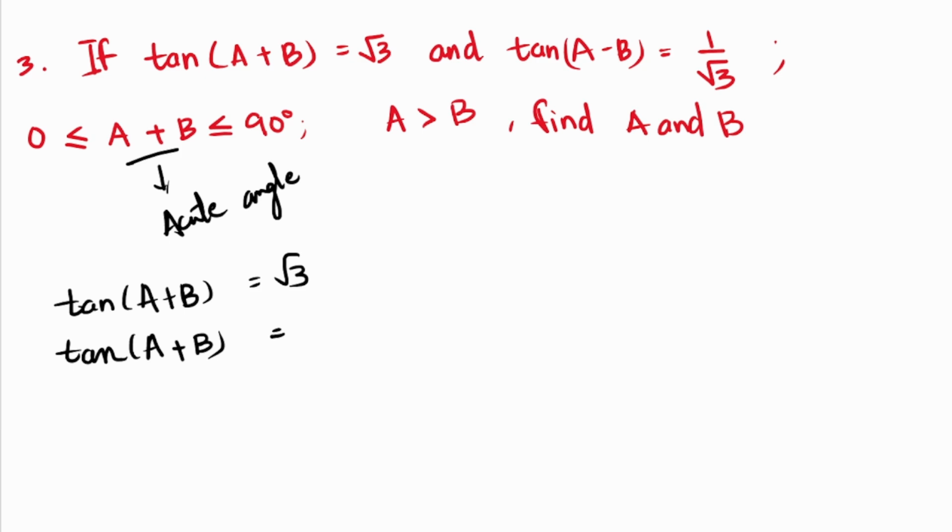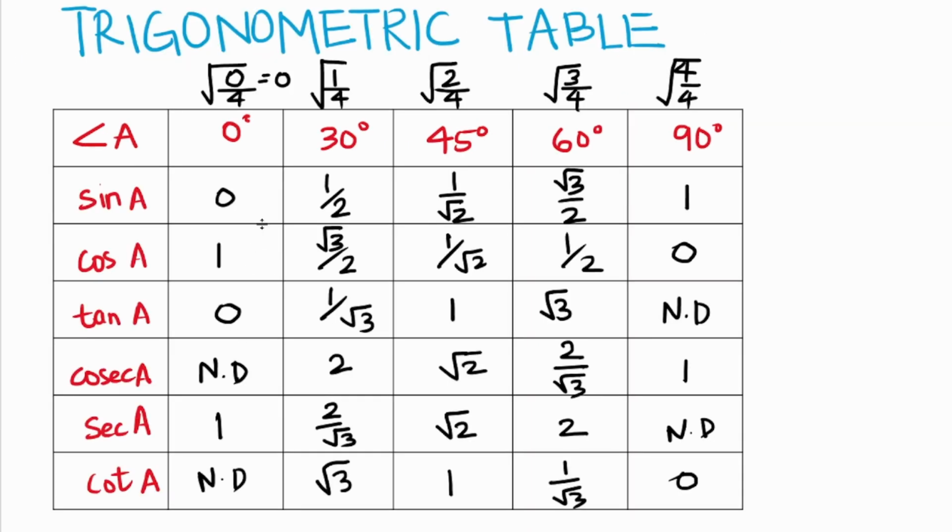Come on, so root 3 in terms of tan, how can we write? If you go check the table, I will show you. Root 3 can be written in terms of cot A, and we have root 3 in terms of tan A, right? Cot 30 is root 3 and tan 60 is root 3.